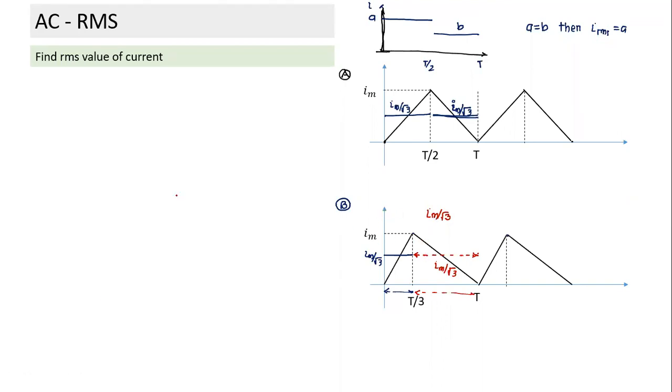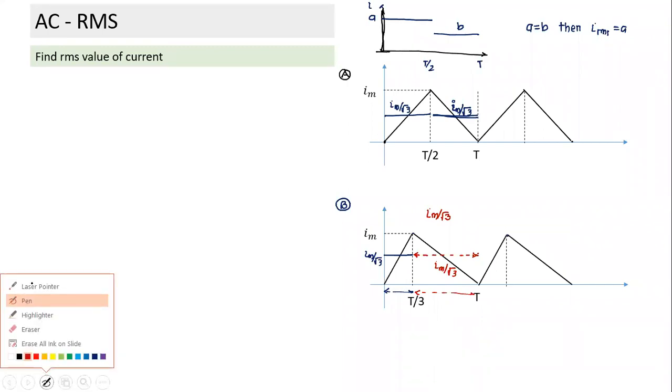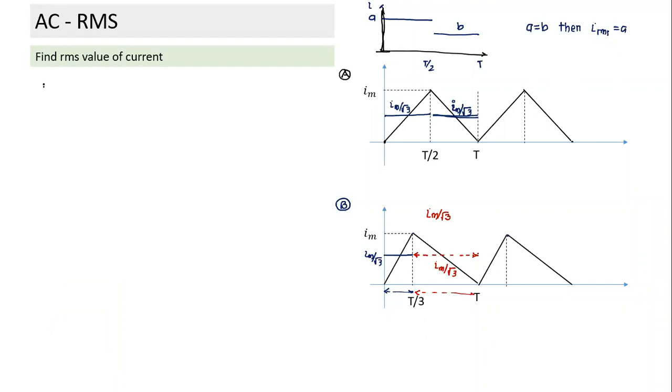Okay, so let me explain some other way also. Let me take a little more time on this. Maybe some of you are not so clear, so let's repeat that part. Suppose I have something like this. Let me change this question a little bit. This current is given like this, and this is the time, and this is equal to t by 3.